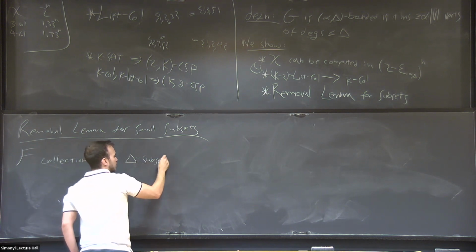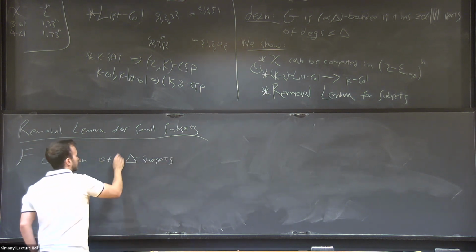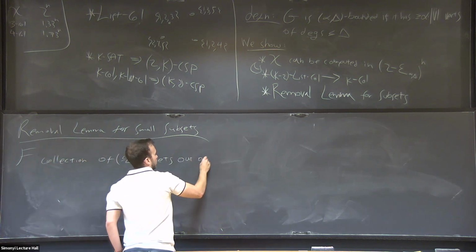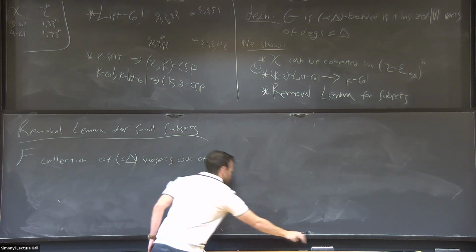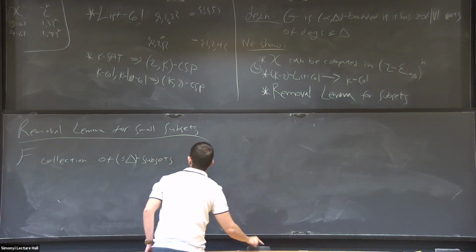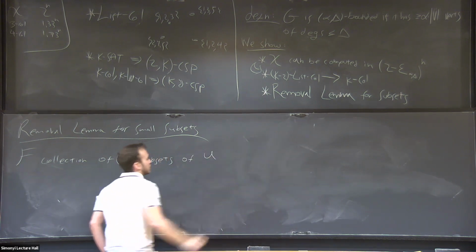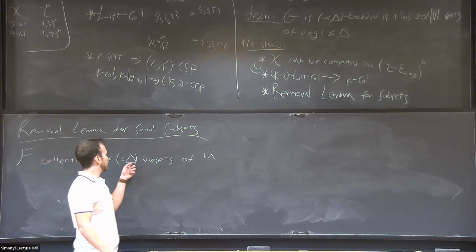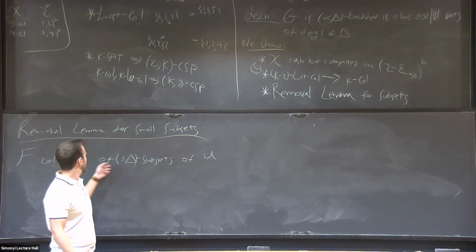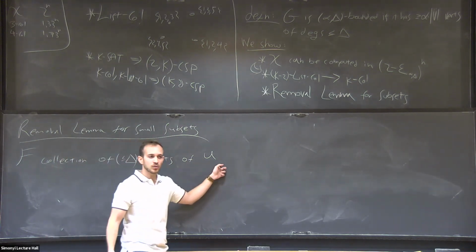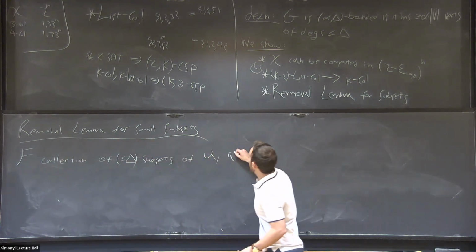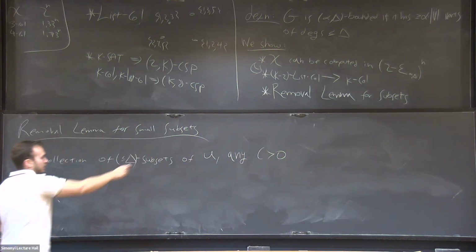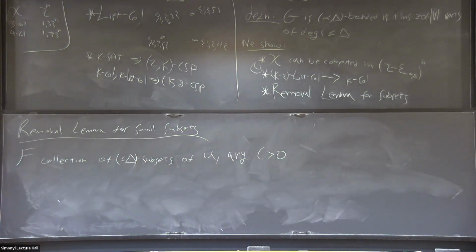These are subsets of size delta, or of size at most delta, it doesn't really matter, out of some universe script U. Let's think of delta as a constant, or as something small: I have a collection of small subsets out of some universe. And I have any parameter C, just a number, think of it as a very large number. It can be as large as I want.